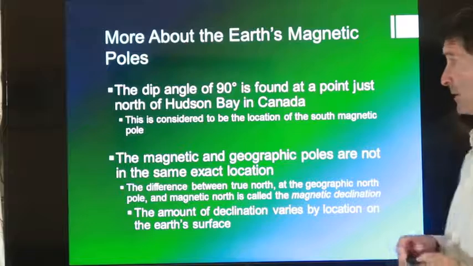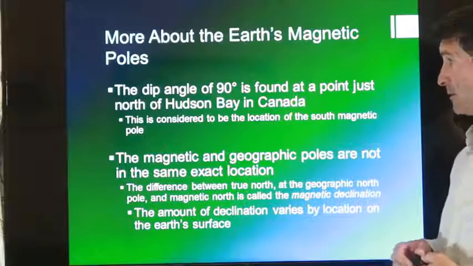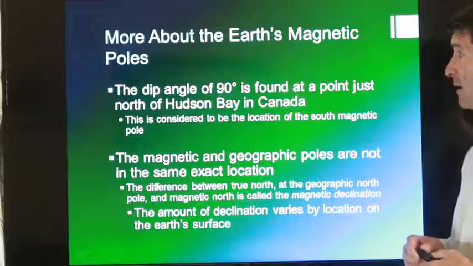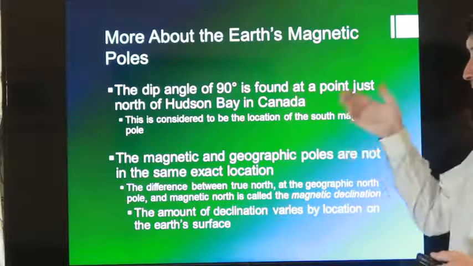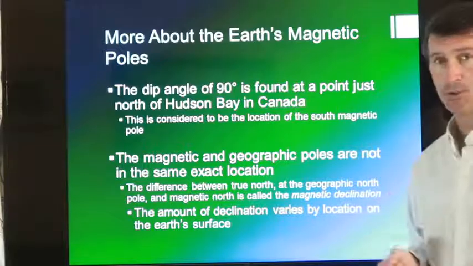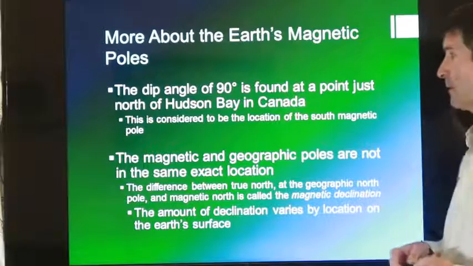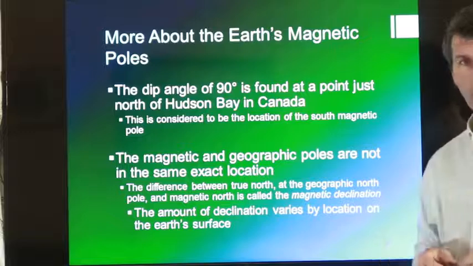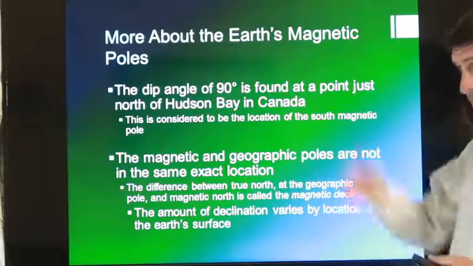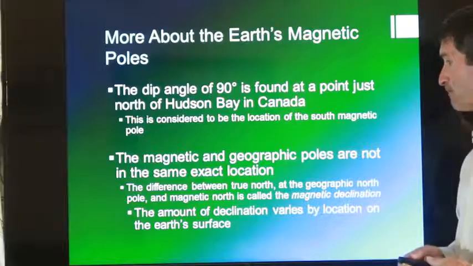This is up in the very cold tundra, but it's still not all that close to the geographic North Pole. And again, you can find this because at this particular location, at geomagnetic north, the dip angle of a magnet will actually be 90 degrees, which will mean they'll be pointing straight up and down.